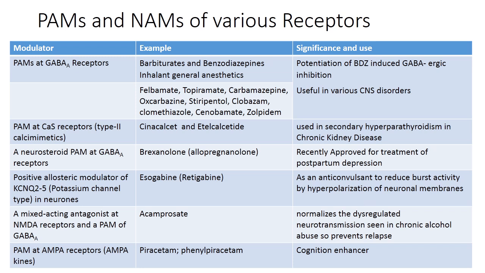Therefore, the potentiation of GABAergic inhibition by benzodiazepines is because benzodiazepines are positive allosteric modulators of the receptor. We know that there is a separate binding site for benzodiazepines and a separate binding site for barbiturates as compared to the GABA binding site. So they are allosteric modulators.